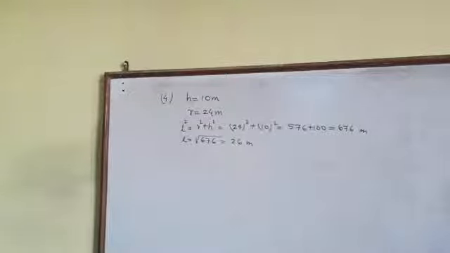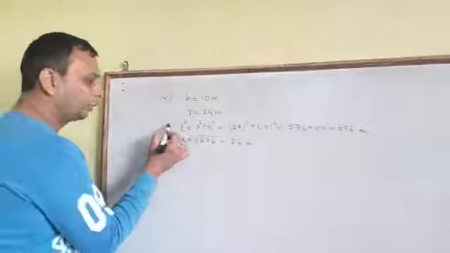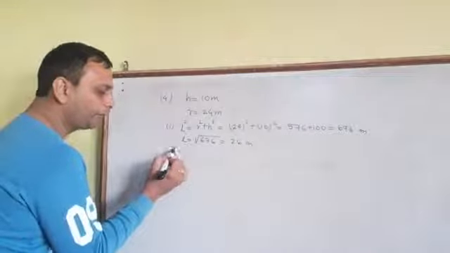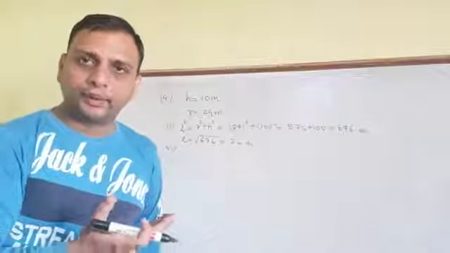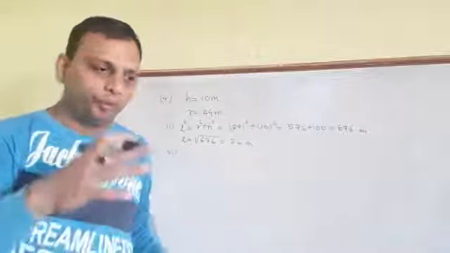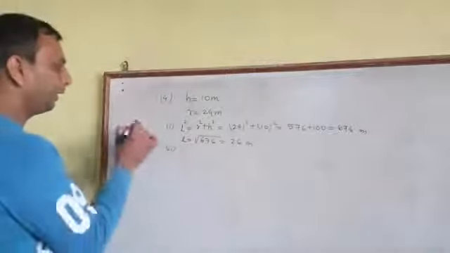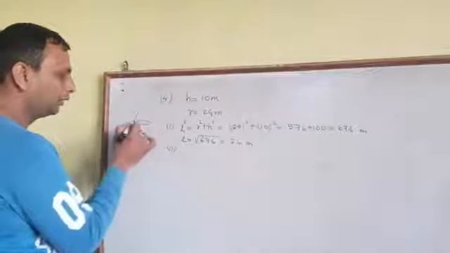Now we have to find the cost of the canvas required to make the tent. This is the first part. In the second part, we have to find the cost of the canvas. There was canvas that we have to use to make a tent. When we make the tent, it will have a shape like this.